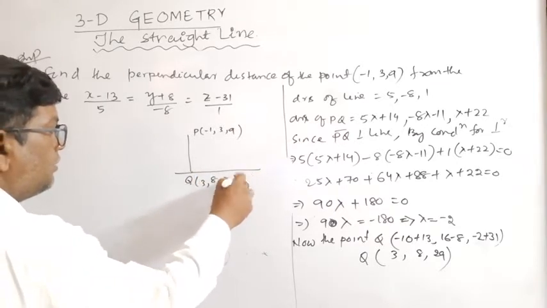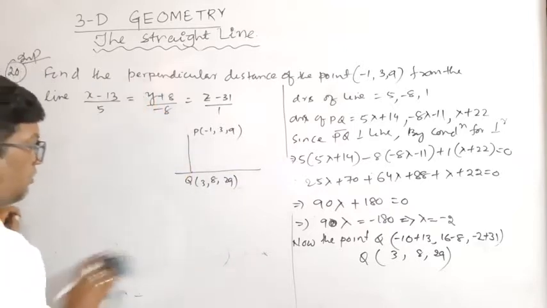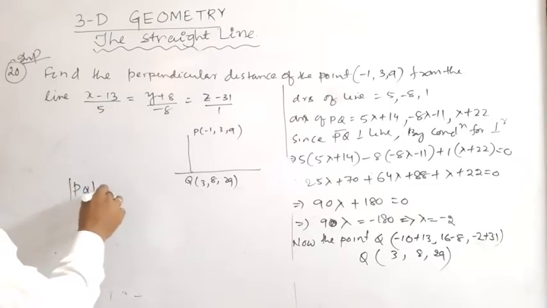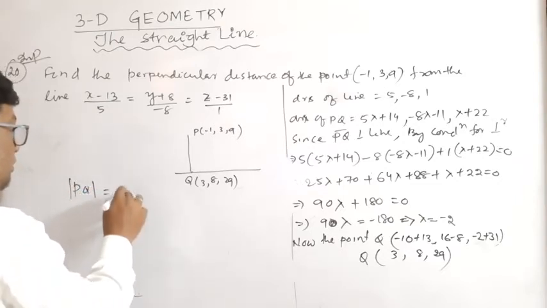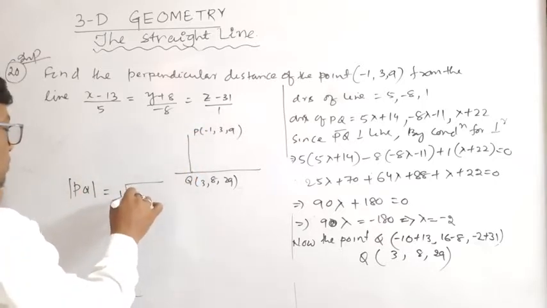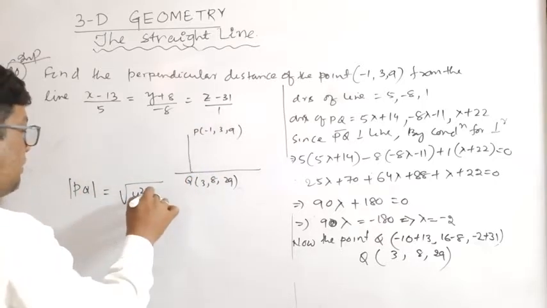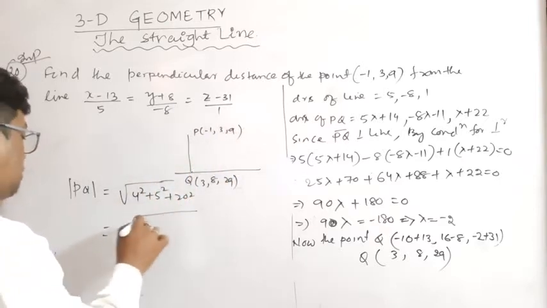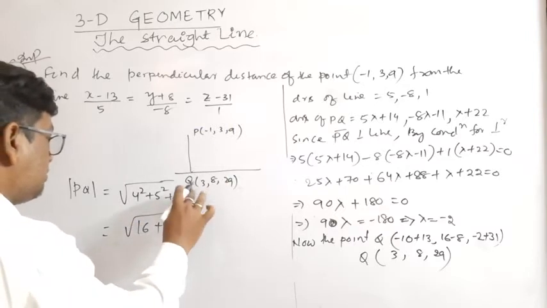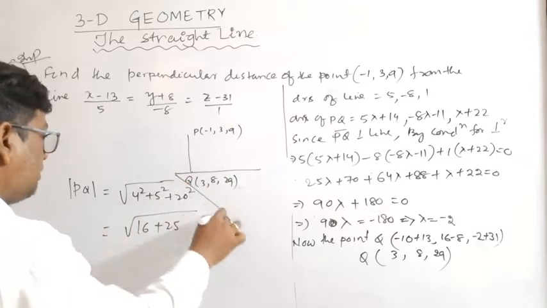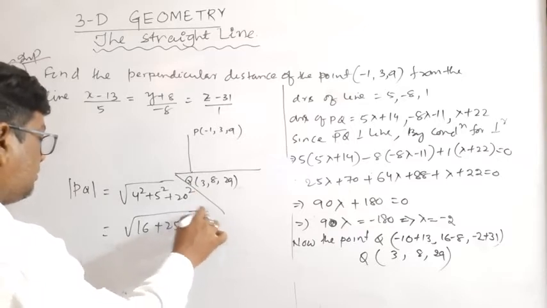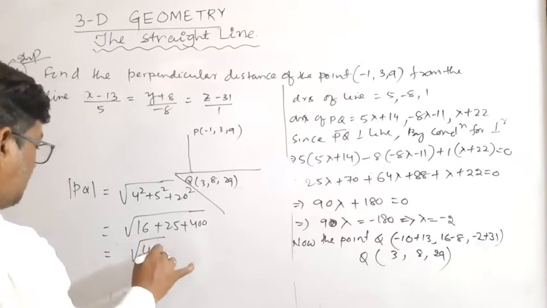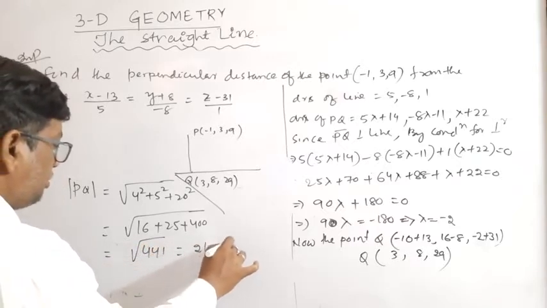So the distance PQ is the square root of (3 minus 1) squared, that is 4, plus (8 minus 3) squared, that is 25, plus 20 squared, that is 400. That is 16 plus 25 plus 400, so 441, which is equal to 21 units.